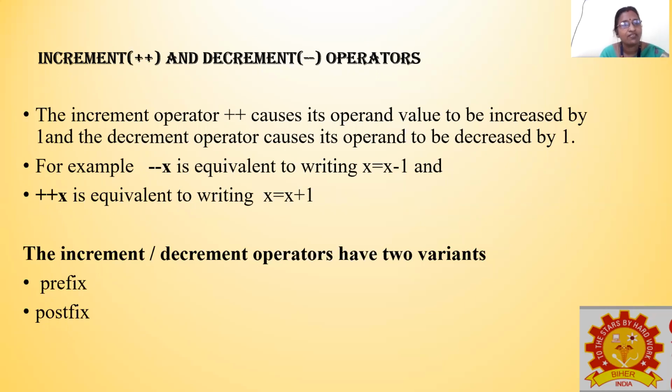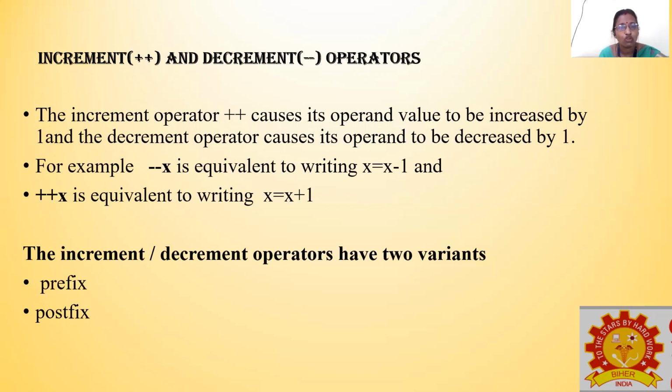Plus plus x is equivalent to writing x is equal to x plus 1. So what is minus minus x? That is a decrement operator, equivalent to writing x is equal to x minus 1. x value is decremented by 1. Plus plus x is an increment operator, equivalent to writing x is equal to x plus 1. x value is incremented by 1.